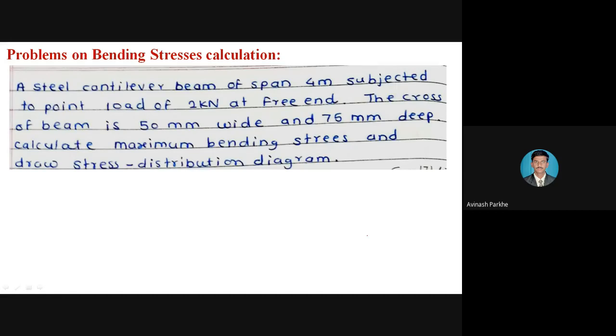In addition, the symmetrical I section, unsymmetrical I section, and the T section. For those also, we have discussed the moment of inertia calculation and the Y bar calculation. By using those formulas, today we will solve the numericals based on the bending stress calculations.